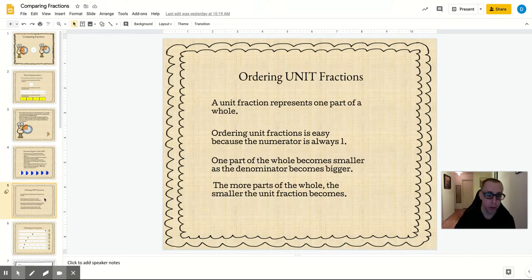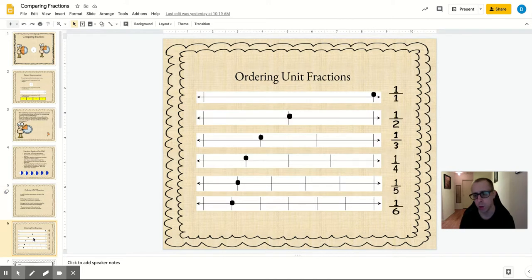When we order unit fractions, unit fractions follow the same rule as comparing fractions with the same numerator because they do have the same numerator. The numerators are 1. So when you're comparing unit fractions with the same numerator of 1, as the denominator increases, the fraction decreases in size. It's inverted. It's the opposite.